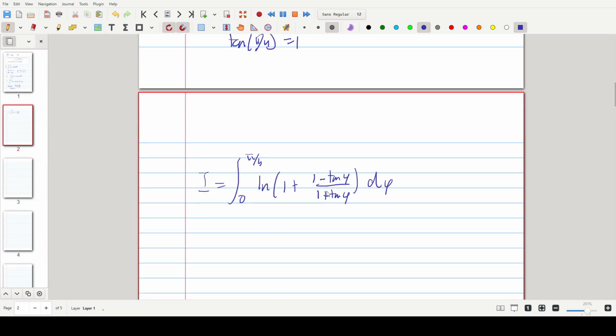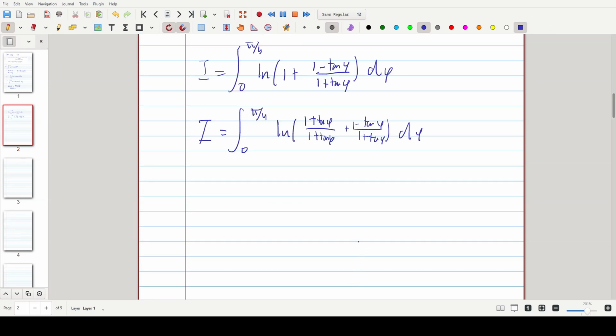d phi. And then combining these into a single fraction, we get the integral from 0 to pi over 4 of ln of (1 plus tan phi plus 1 minus tan phi) over (1 plus tan phi) d phi.